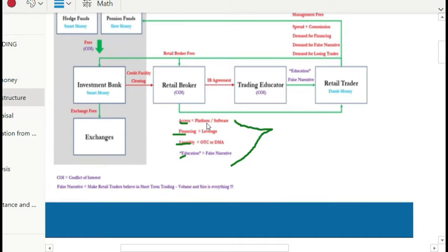And there's what we call financing. I think I've explained about financing. It helps brokers to go to credit facilities here, to investment banks, so that they get a loan. So these guys borrow, these guys give money to retail brokers, so that they might give this, as I explained, at a higher percentage, right?